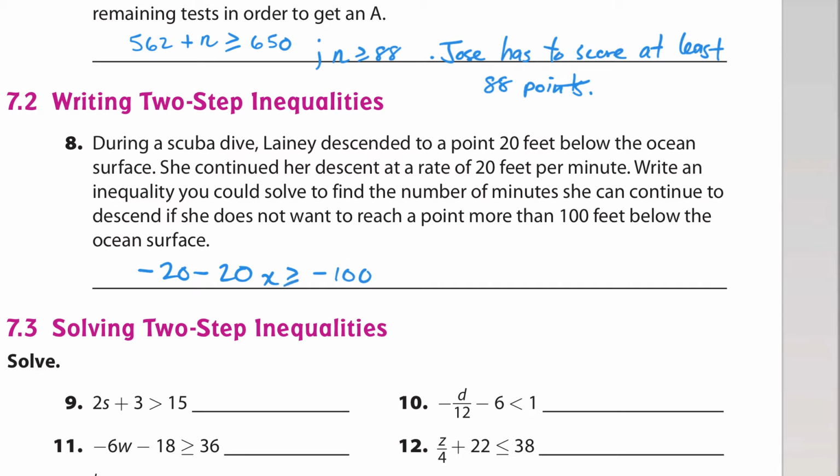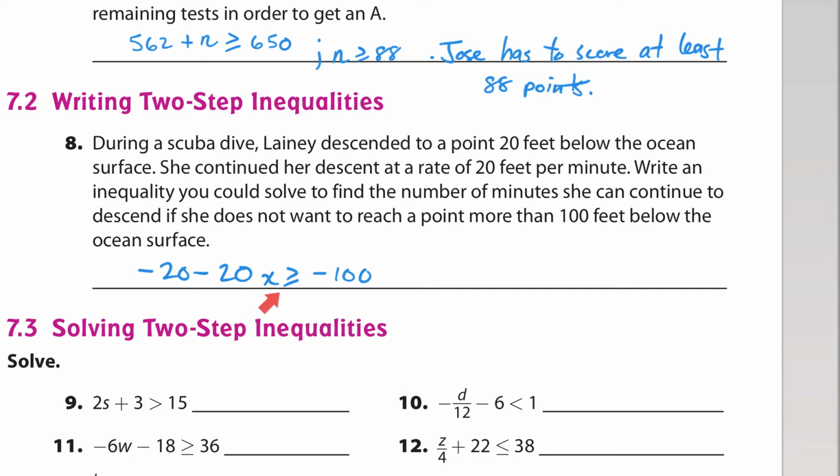No, she doesn't want to go below that. She wants to go no more than 100 feet below the ocean surface. So this is the max that she's going to go down. She starts at 20 feet below, and then she descends at 20 feet per minute. And then this x is going to be how many minutes she can continue.